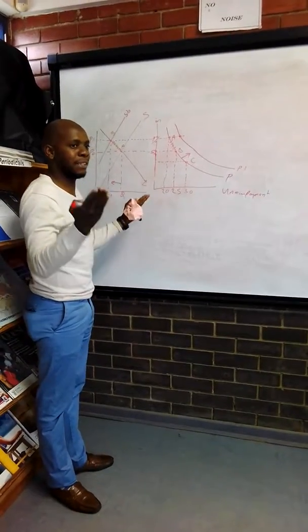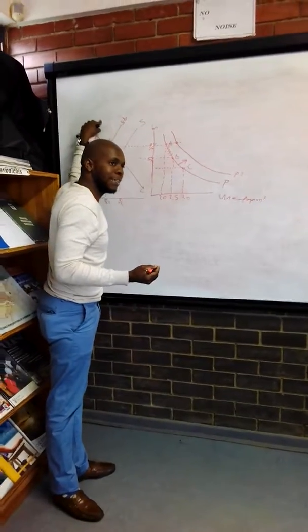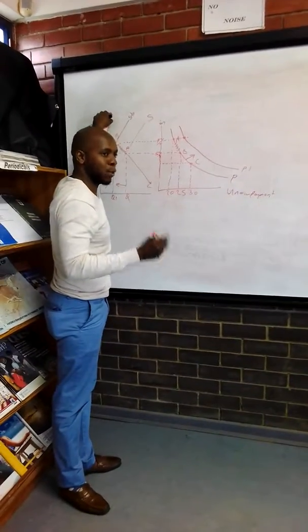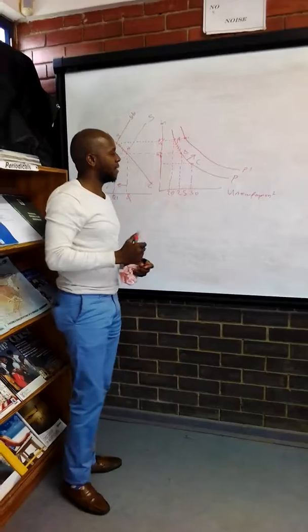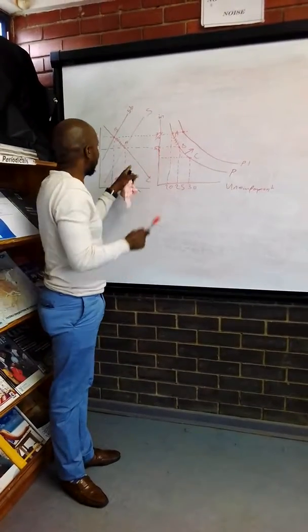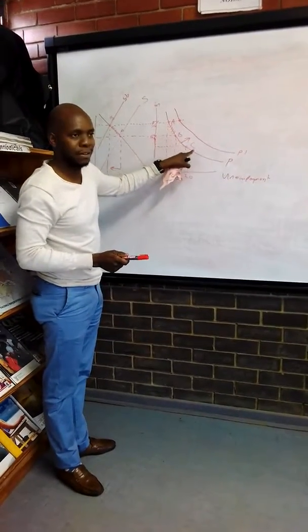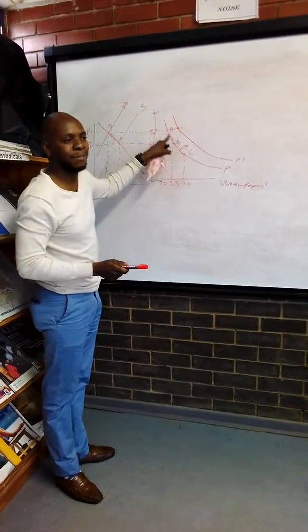So what is the distinction? What is the difference between the demand side and the supply side approach towards the Phillips curve? Okay, the demand side approach makes movements along the Phillips curve.